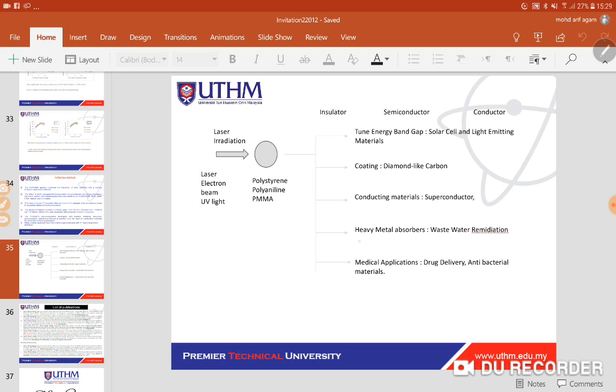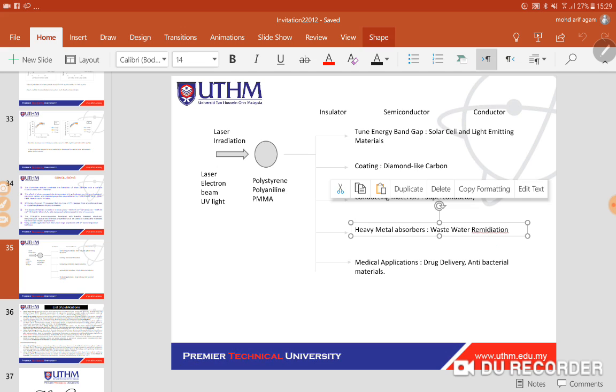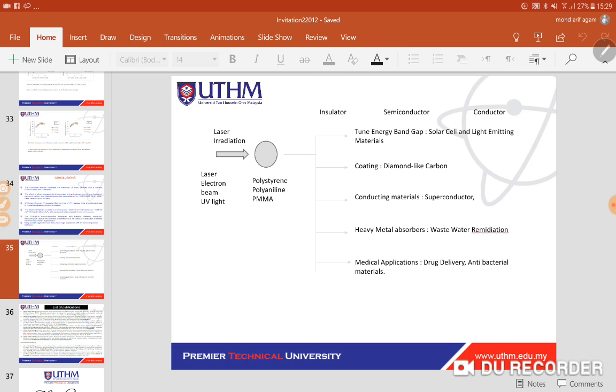And of course, for this small research done by my degree students on heavy metal absorbers, it is now clearly seen that it is possible for us to use this technique as a wastewater remediation technology.